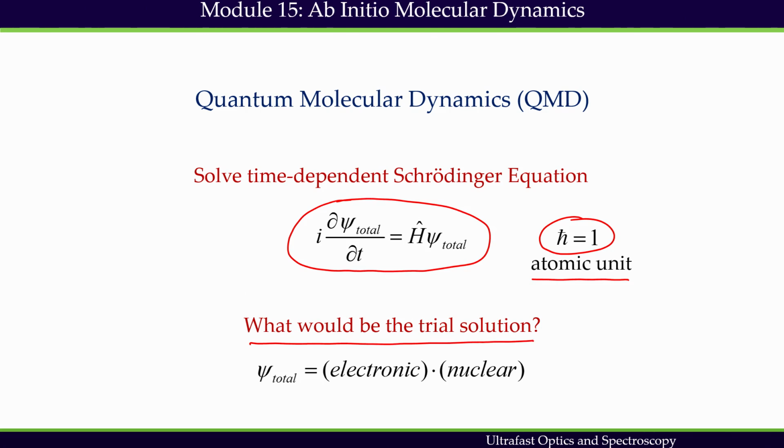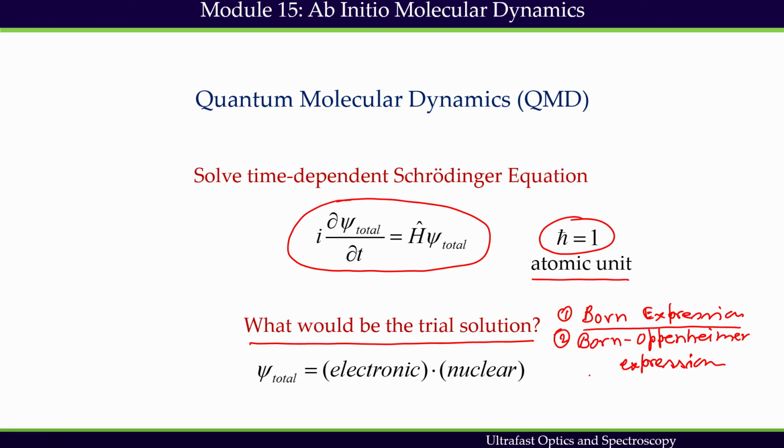In general, there are two approaches we follow to express the trial wave function: either the Born expansion, what it means we'll show very soon, or the Born-Oppenheimer expression for the total wave function.